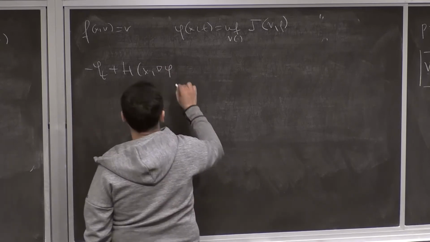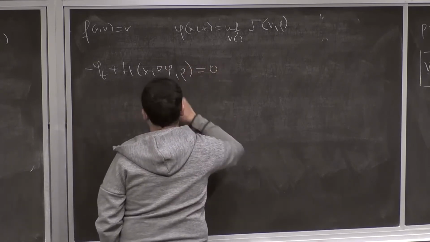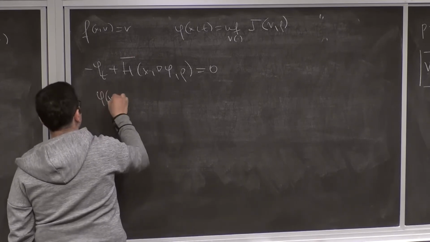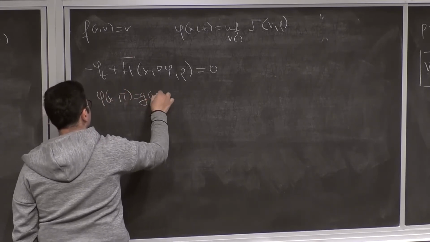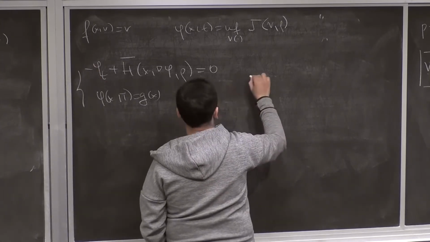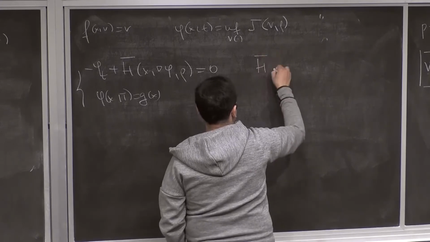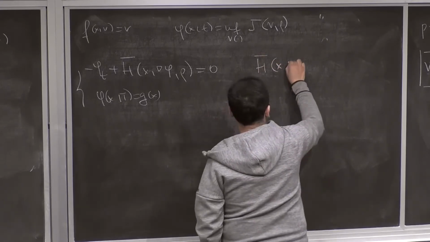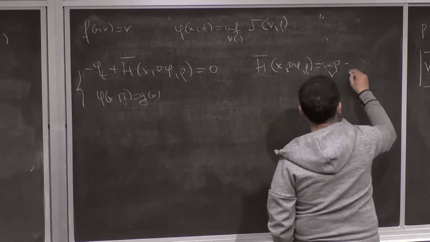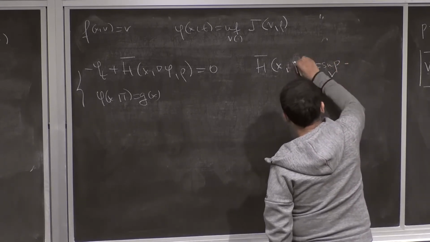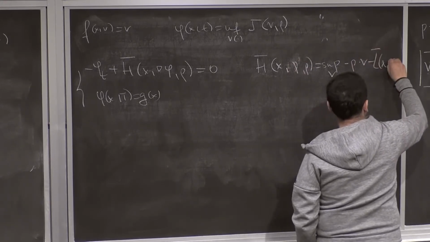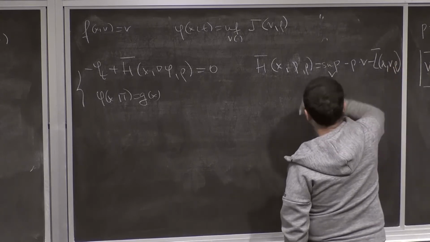The partial derivative of phi in t plus the Hamiltonian H bar of x, grad phi, and rho is 0, with phi at final time equal to g of x, and I have the following definition of the Hamiltonian H bar.